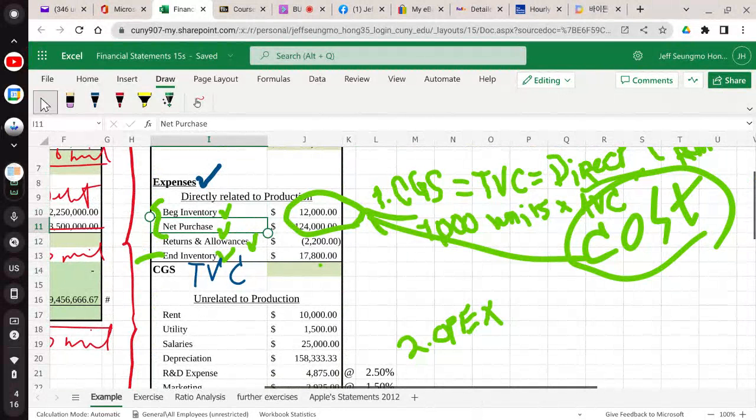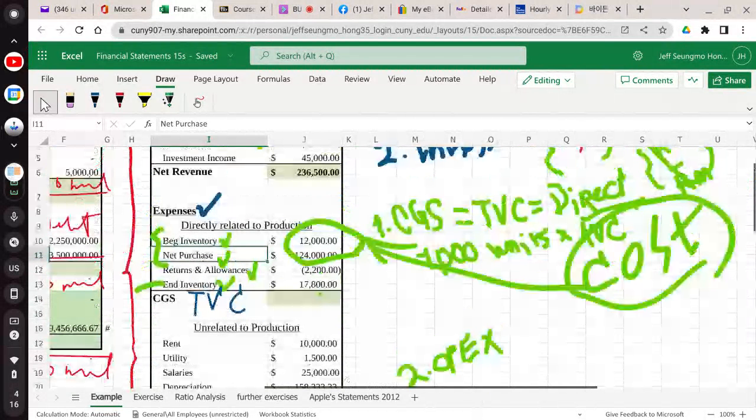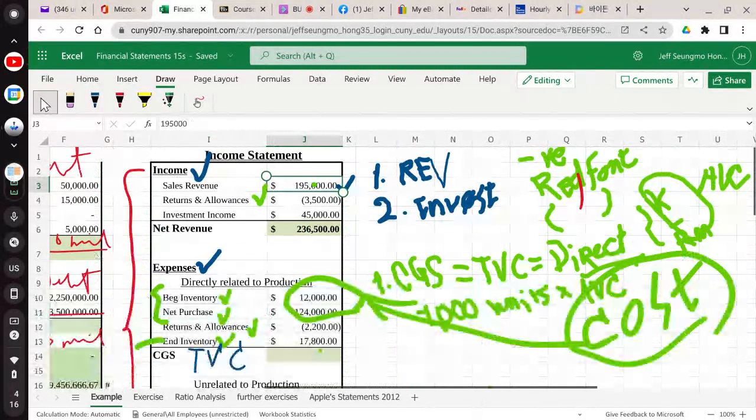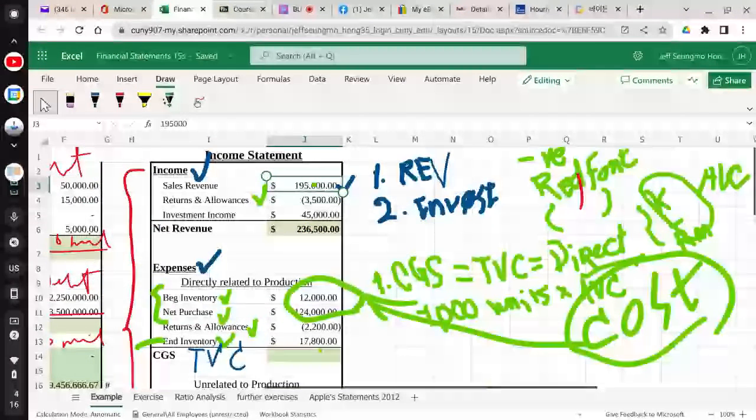Think about it. What happens next is sale. But sale is not recorded here. Sale is recorded there, isn't that right? And the cost side counterpart to that sale is CGS.